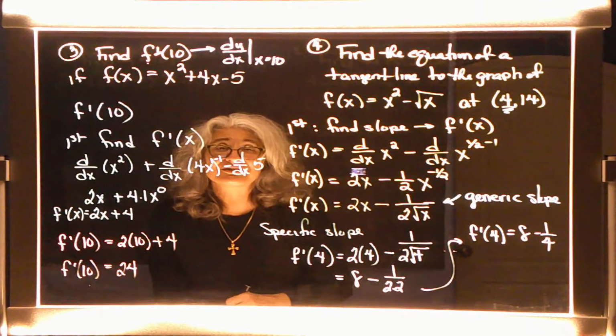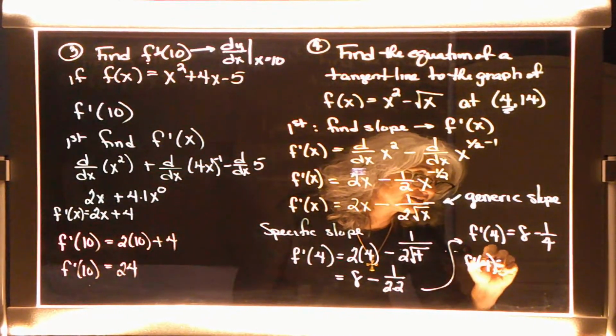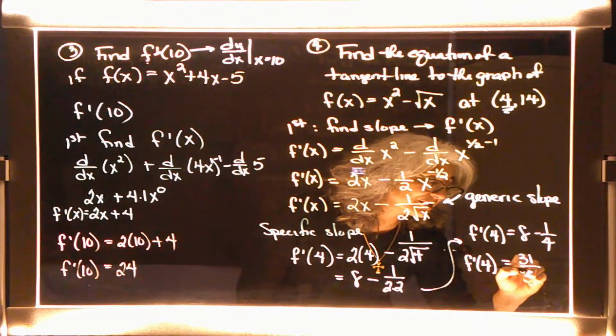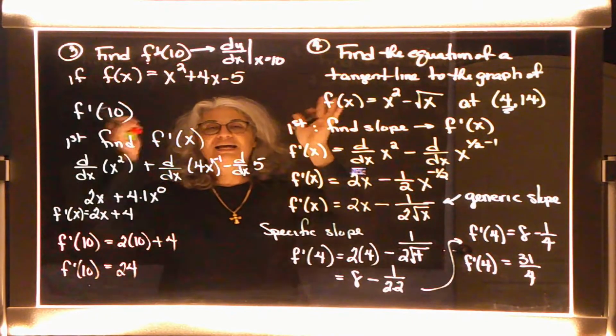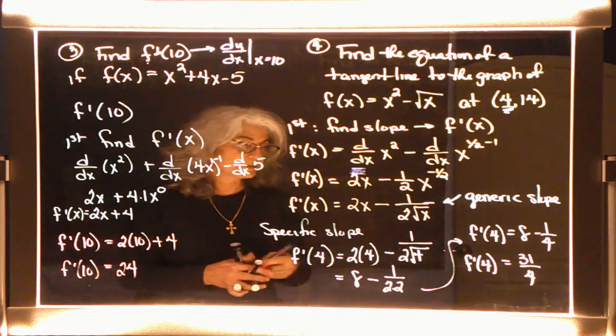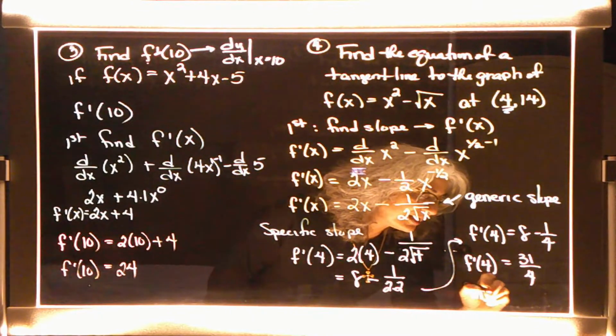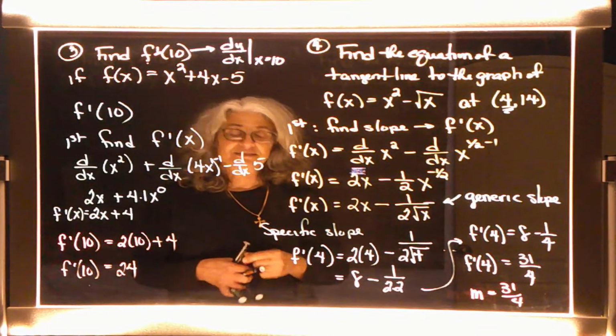Stay off the calculators. What's 8 minus a quarter? All right. Some of you are on your calculators anyway. But some of you didn't get on your calculators and you still found 31 over 4. Yay! So I just found the slope. That's my slope. M equals 31 over 4. Right? Okay.